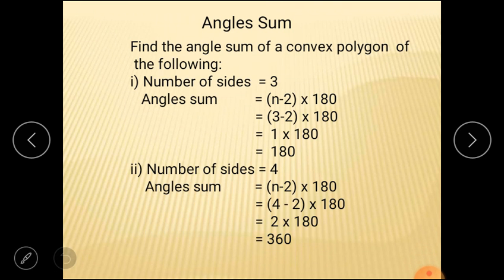So the 4 angles of a quadrilateral sum to 360 degrees. Using the same formula we can find the angle sum for number of sides 5, 6, 7, 8, like that. Okay, so move to the next one.